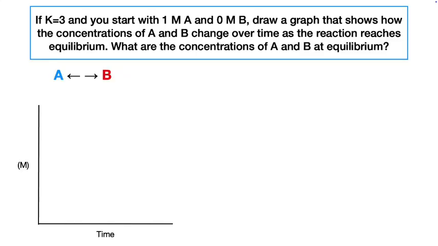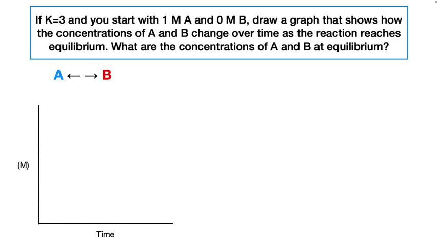Which sets us up with this slide, which is giving me a little bit of heartburn and panic. Okay. If K equals 3, and we start with 1 molar A and 0 molar B, draw a graph that shows how the concentrations of A and B change over time as the reaction reaches equilibrium. Okay.